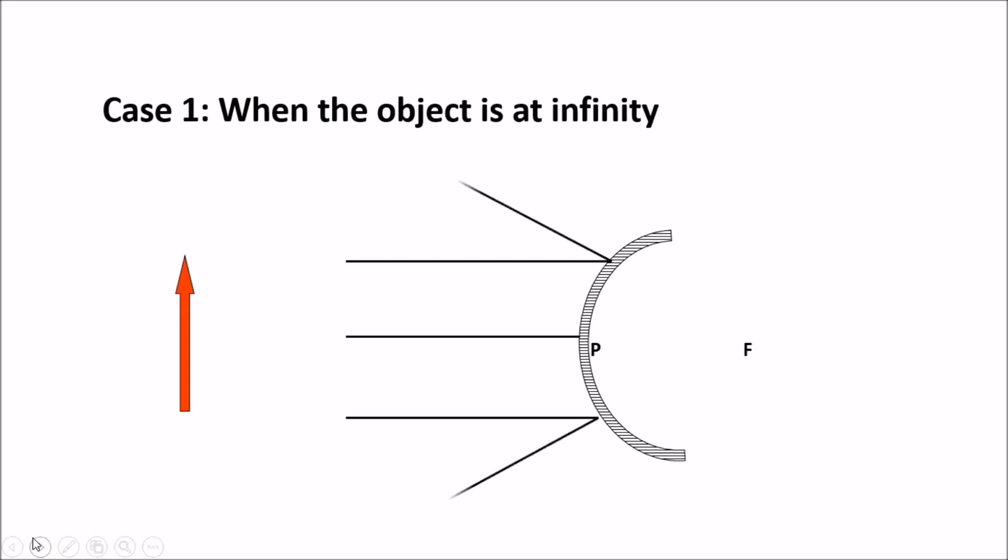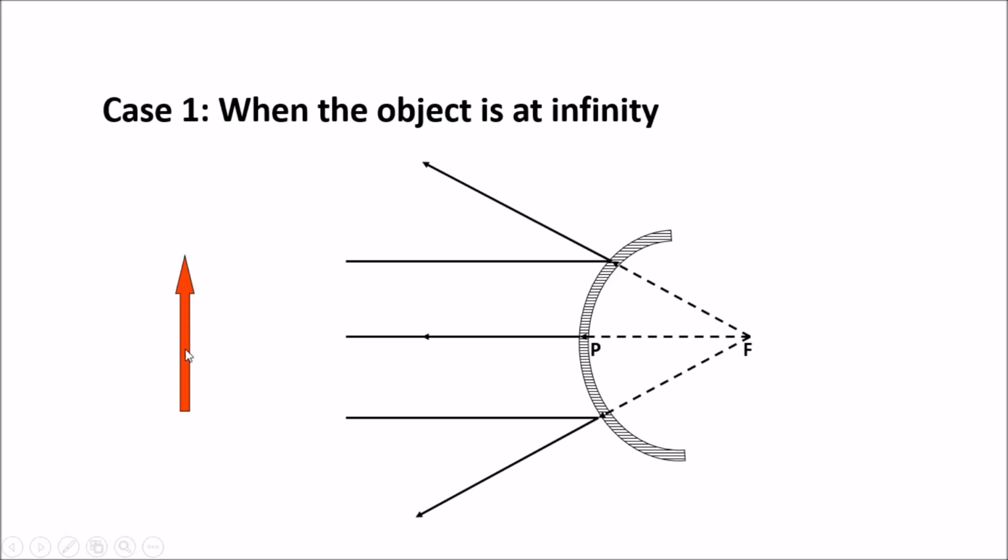Because convex mirror is a diverging mirror, the parallel rays passing towards it will diverge, and because the focus is on the other end, when we take them backward, we observe that the rays converge at the focus. If you stand at this place or this place, you feel that the rays are coming from the focus, and that's why we say the convex mirror is a diverging mirror.